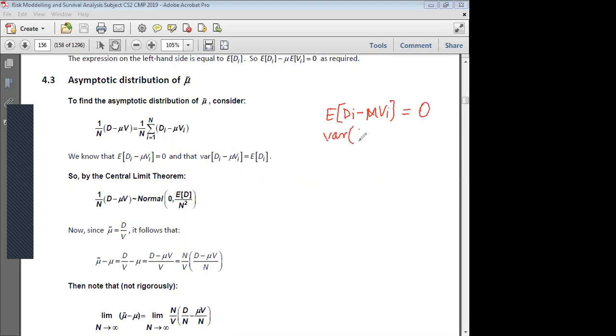So I'm saying that my variance of di minus mu vi is equal to expectation of di. Okay, so this is my result. Let me erase this and write mu there.